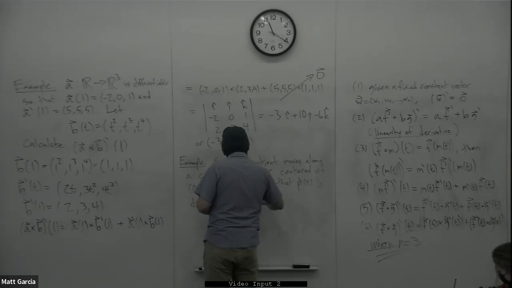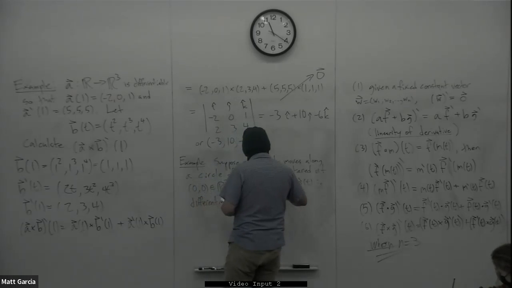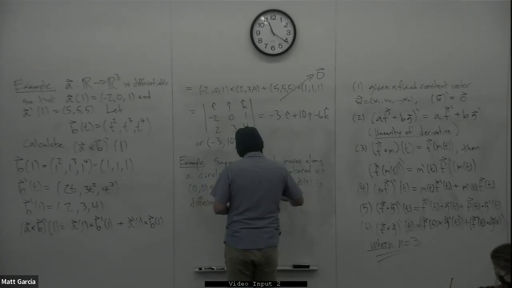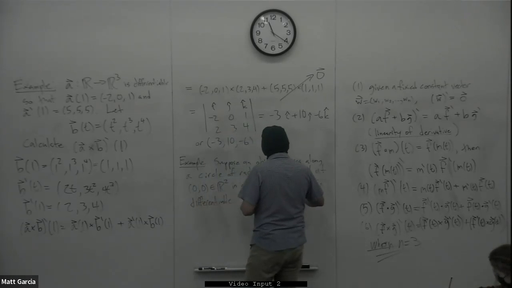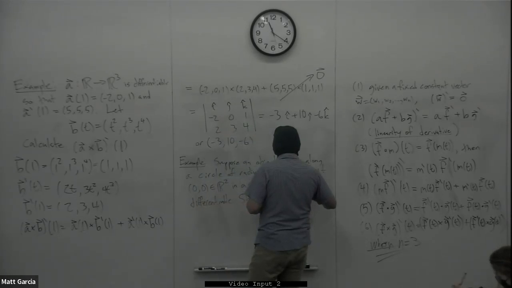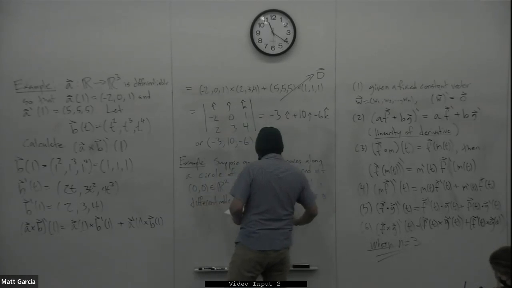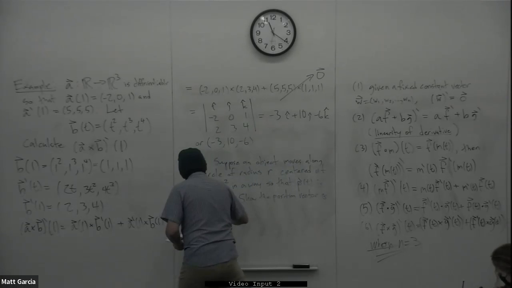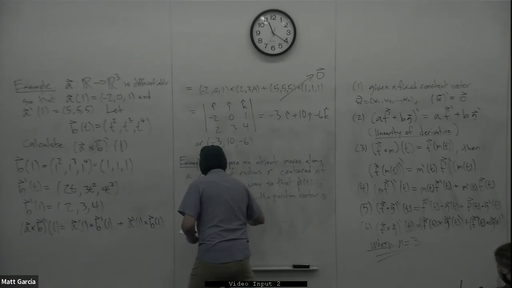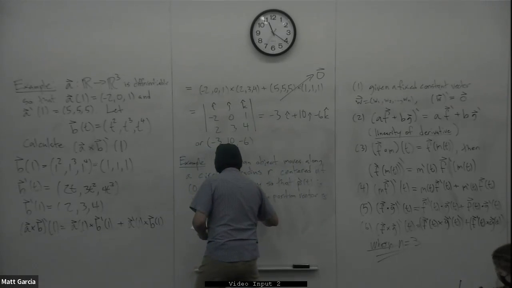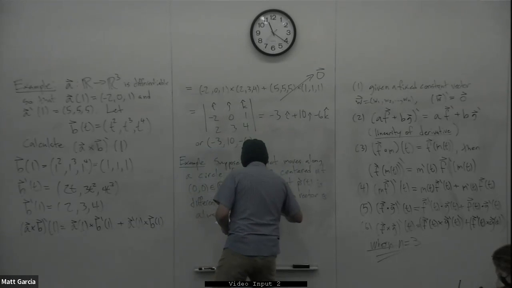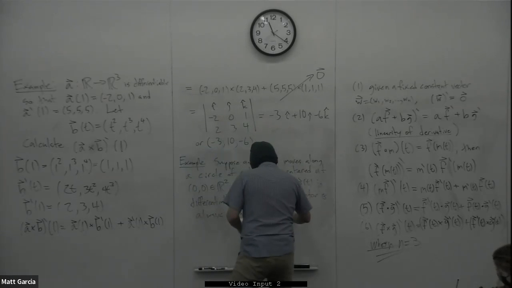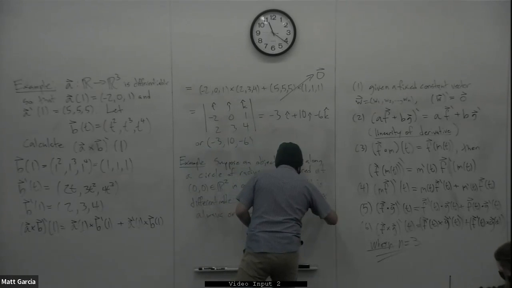Let us show the position vector is always orthogonal to the velocity vector.